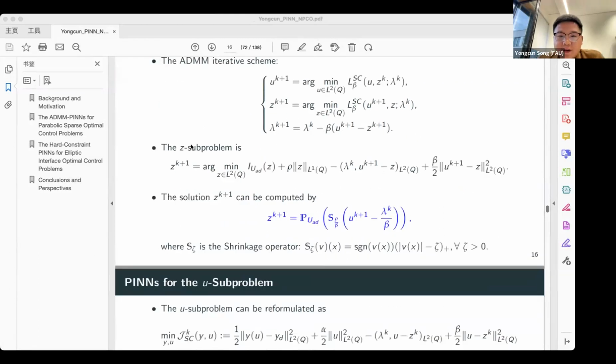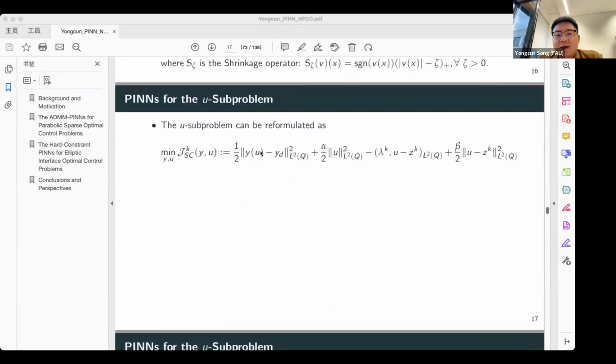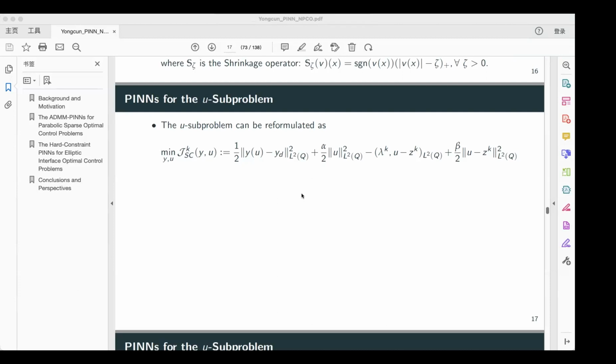Actually, it is there. For the problem here, y_u represents the parabolic solution. So if we would like to compute y_u, we need to solve the parabolic equation. We just use a different notation. If we write here that y and u satisfy the parabolic equation, so there's still a parabolic equation. Okay, got it. Thank you.